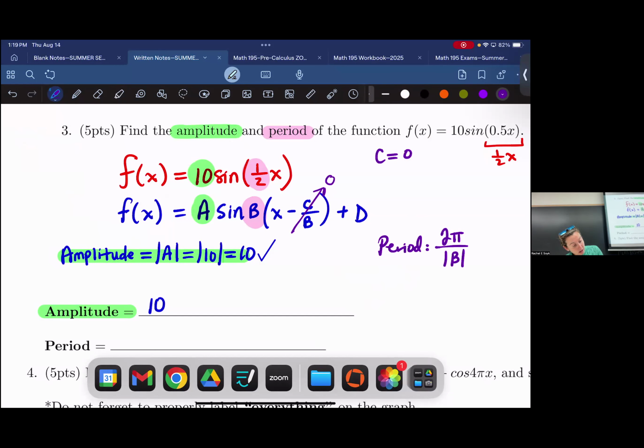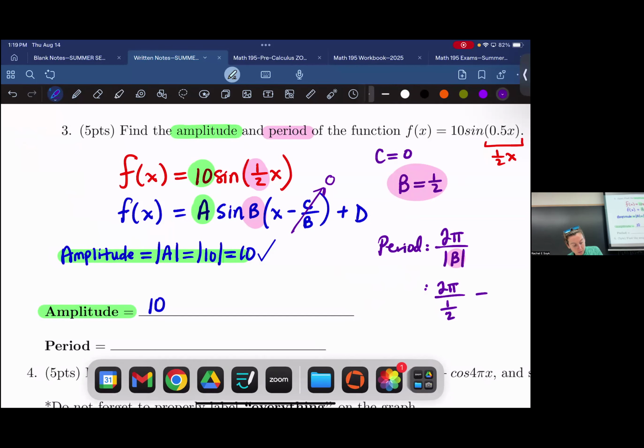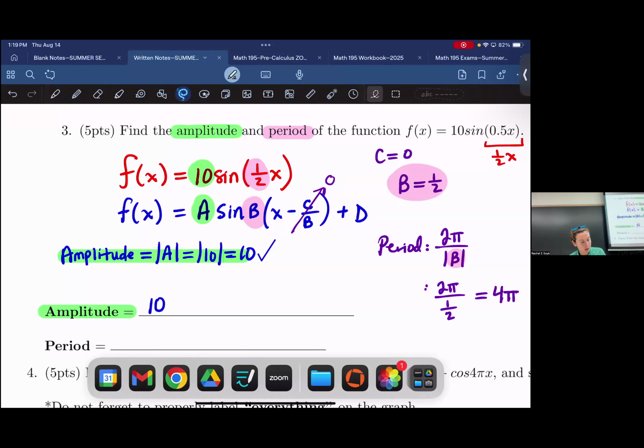So now that we know our b is equal to 1/2, we can plug that in to compute what the period is. 2 pi divided by 1/2. And when we keep change flip, we end up getting 4 pi. Actually, I'll use a different color to represent the period itself.